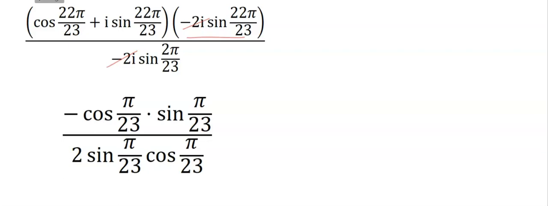Because at the top we have cos 22 pi by 23 multiplied by sin 22 pi by 23. We ignore i sin 22 pi by 23 because we want the real part.